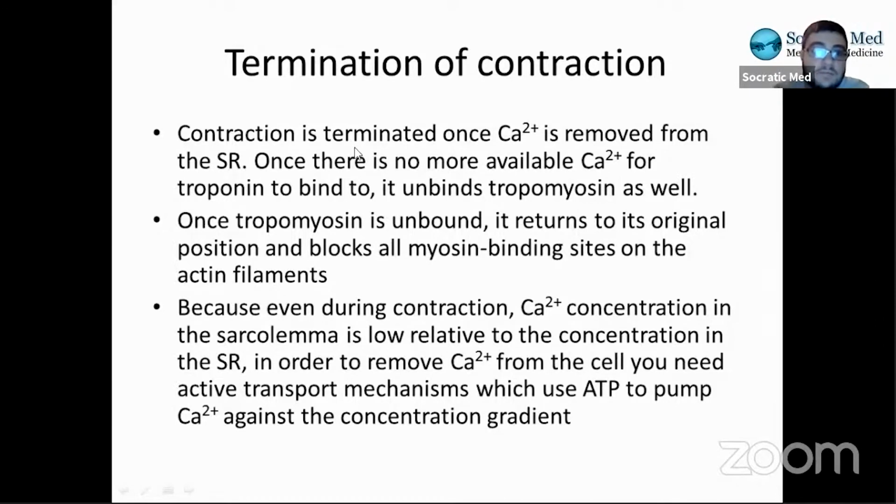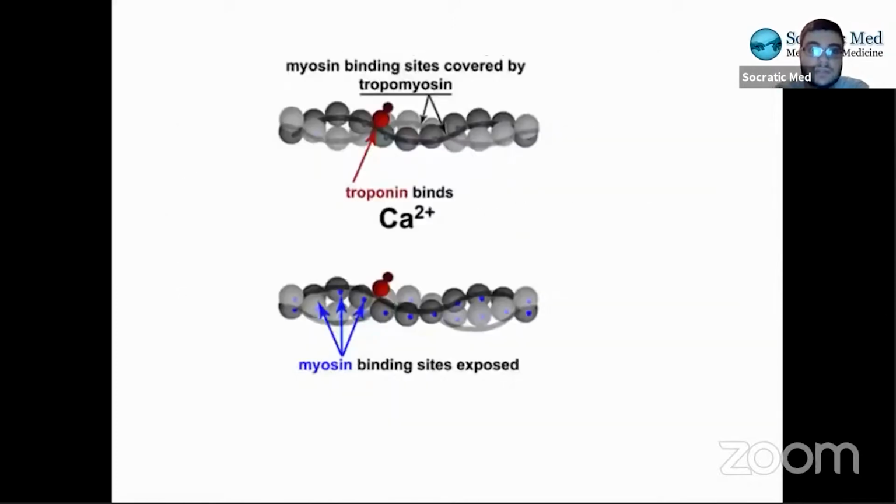Sorry, somebody asked if I could clarify. Troponin can only bind to tropomyosin when troponin is bound to calcium. Like I mentioned, troponin is this little red ball right here, bound to calcium. When it's bound to calcium, it can bind to this vine, the tropomyosin.